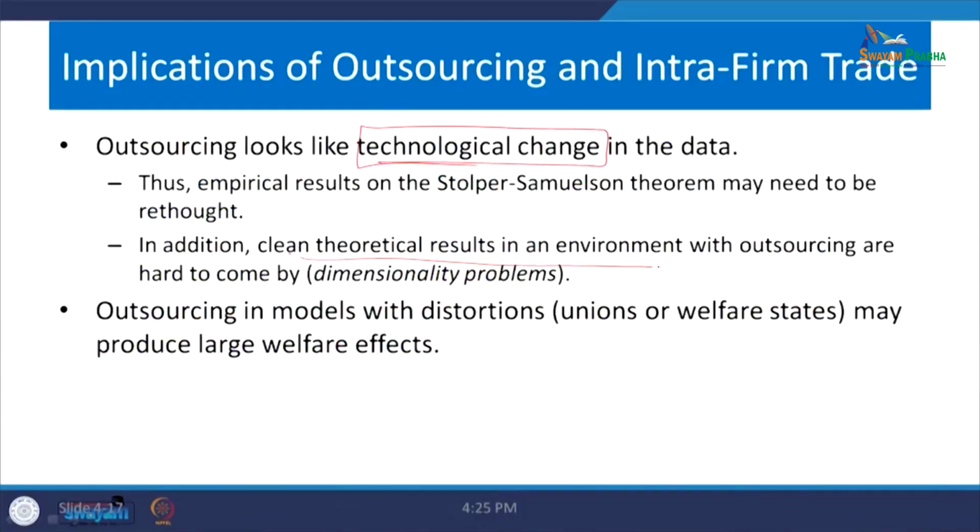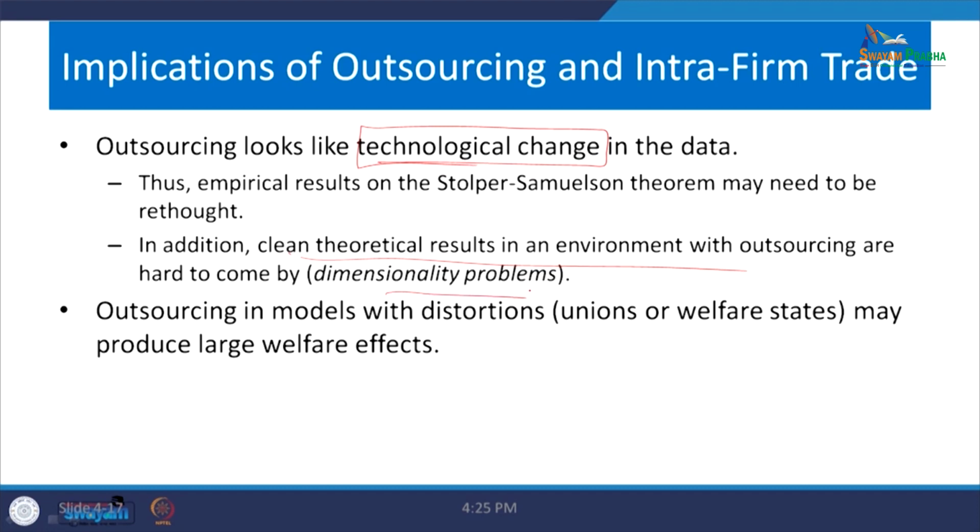Now, due to outsourcing or technological change through outsourcing, which has been incorporated in the model of trade, there may be further redistribution of income. In addition, clean theoretical results in an environment with outsourcing are hard to come by because of dimensionality problems.